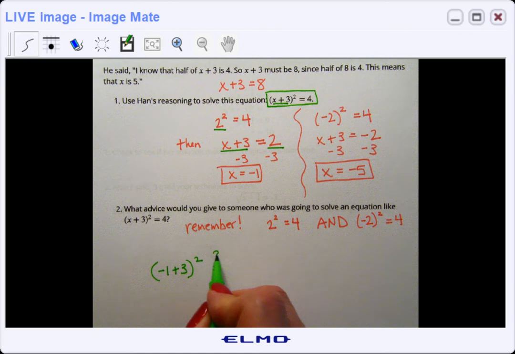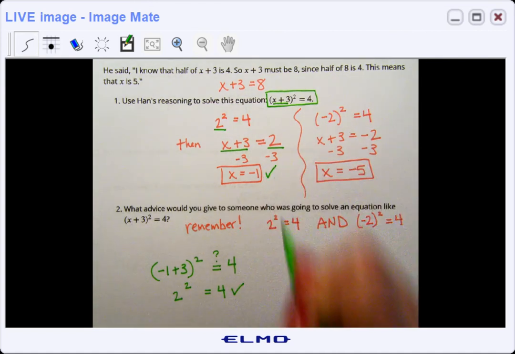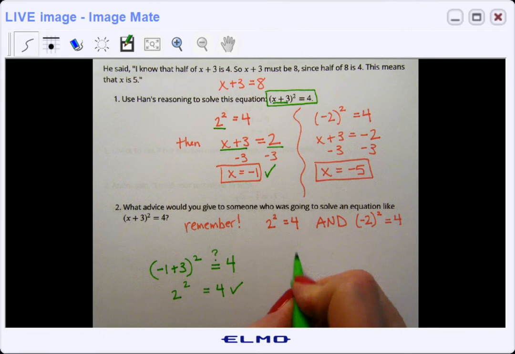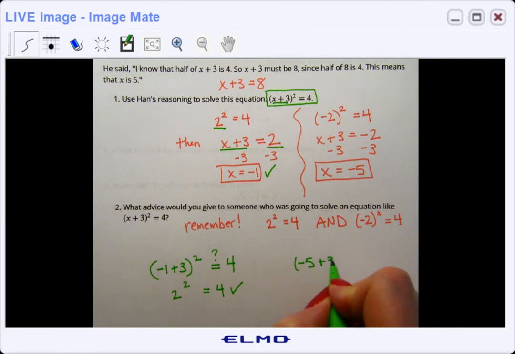Does that equal 4? -1 plus 3 is 2, and 2 squared is 4. So that means this solution checks. And then we'll try the other one. x equals -5. -5 plus 3 squared. Does that equal 4?